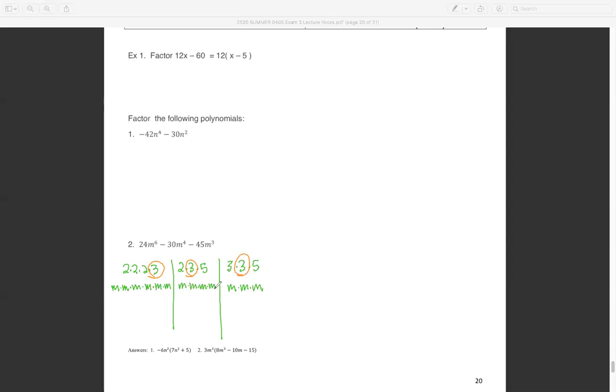Now for your variables, what's the greatest amount of m's multiplied that's in common? So it would have to be 3. Everybody has 3 m's. So your greatest common factor is going to be 3 and 3 m's.